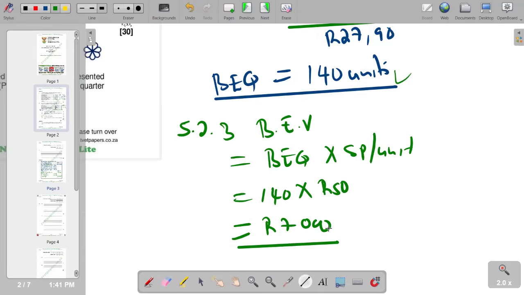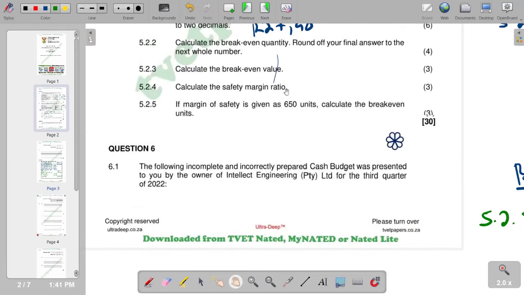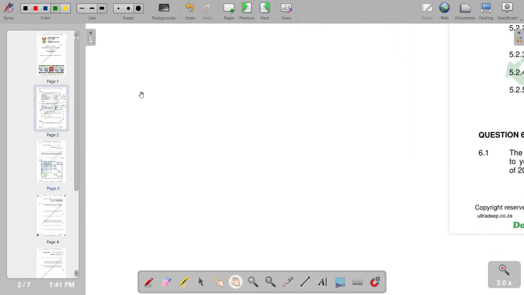So moving on to the next part of our question, it says calculate the safety margin. The calculation of the safety margin is the safety margin ratio. So the formula for safety margin ratio, this is 5.2.4.